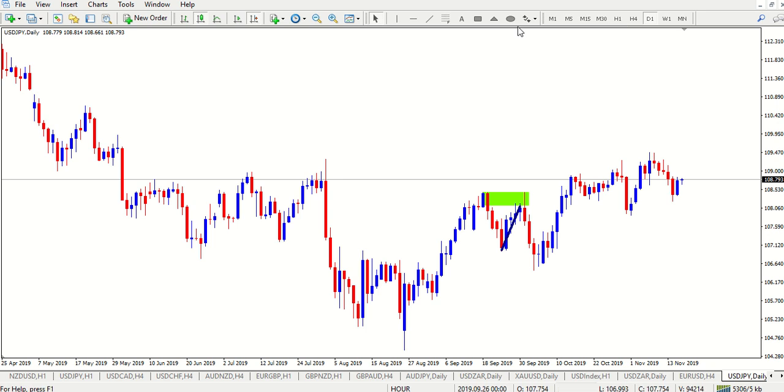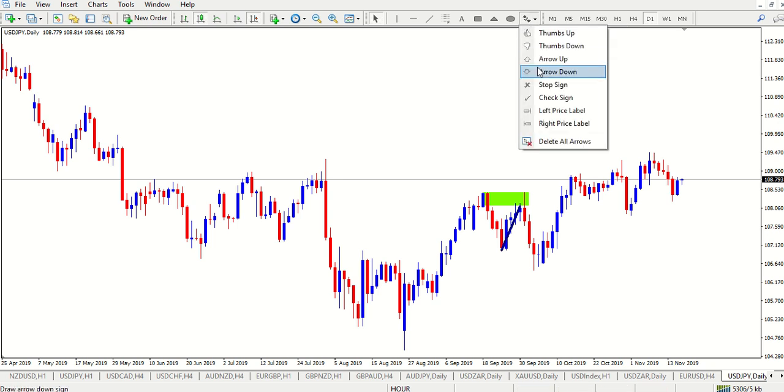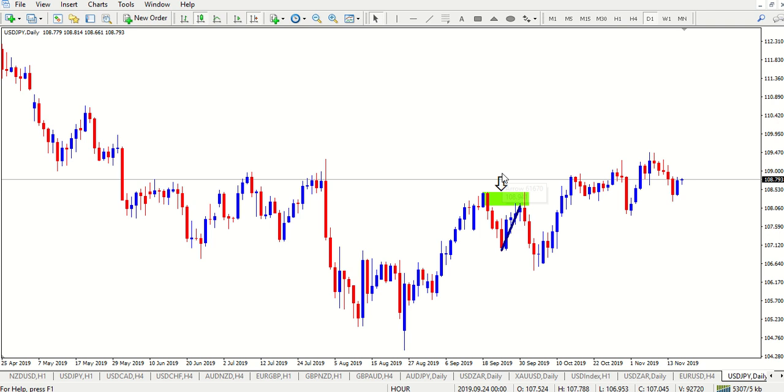Now that we see that we have a zone on the daily chart, this basically says to me I can refine my entry as opposed to settling for this entry here, because remember we enter at the proximal line, which is right there. Instead of settling for this entry on the daily, I can refine my entry.